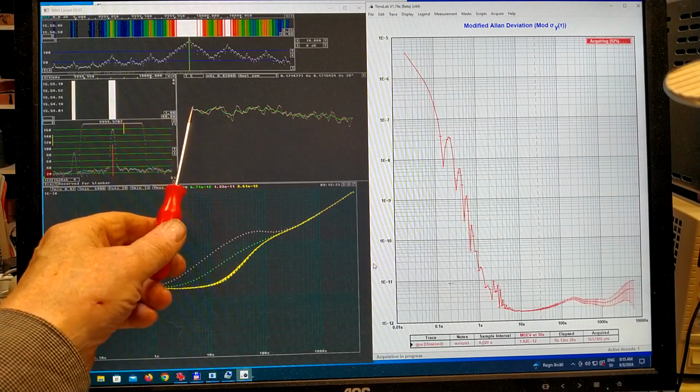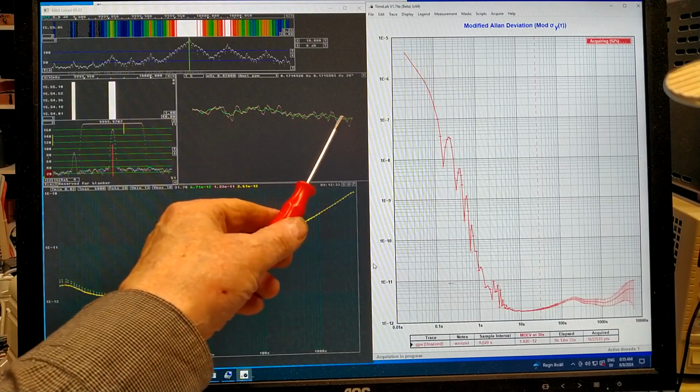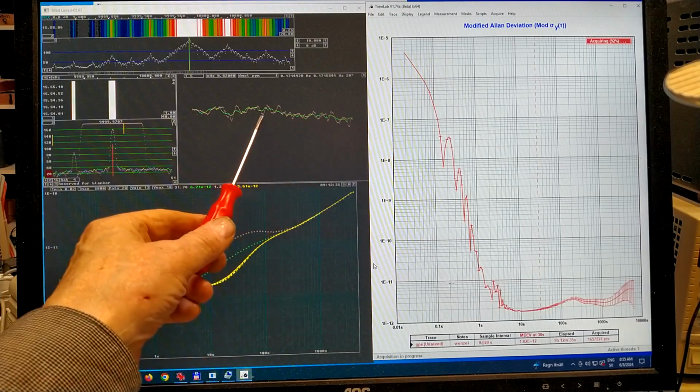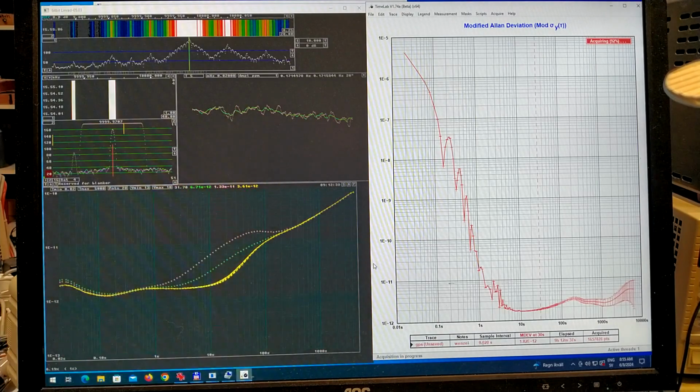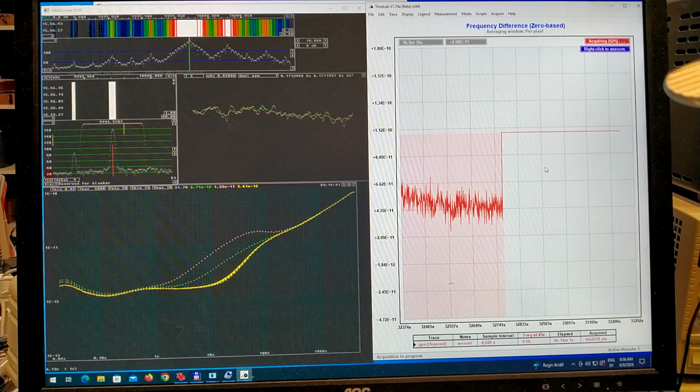Here is the latest frequency versus time. Channel 1 green and channel 2 red, and we can see the difference. Here is frequency versus time in TimeLab. Something happened at the end of the measurement. I will magnify it.